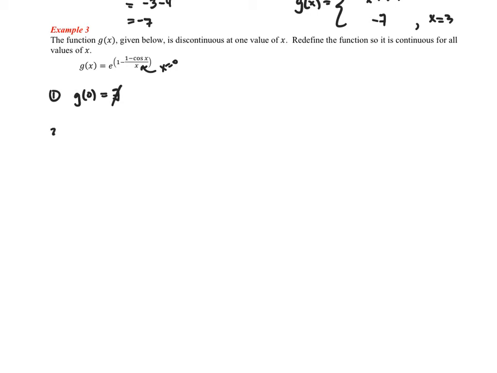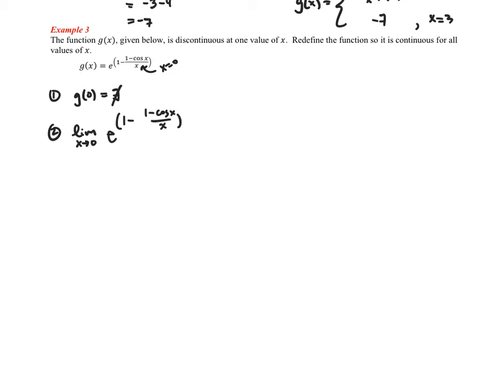And I'm going to find that by finding the limit in part 2 of the continuity checklist as x approaches 0. If I can find out what that value would equal, I can then reassign g of 0 to be that value, and now we've got continuity at x equals 0. So let's take the limit as x approaches 0 of e to the 1 minus cosine of x over x.